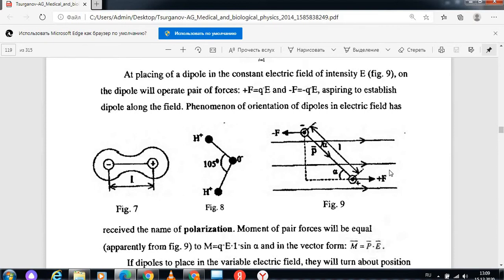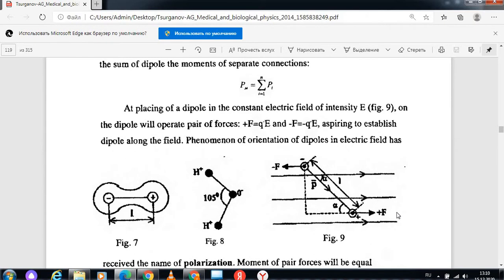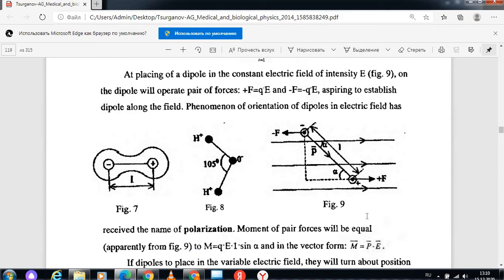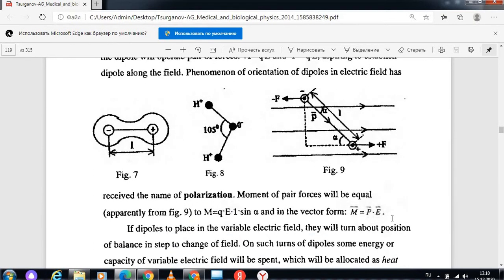What is alpha? It's the angle between your F and your P vector. So in vector form, the M moment of the pair of forces will be the M vector equals the vector product of two vectors: vector P, the dipole moment, multiplying by the vector of the electric field intensity E.